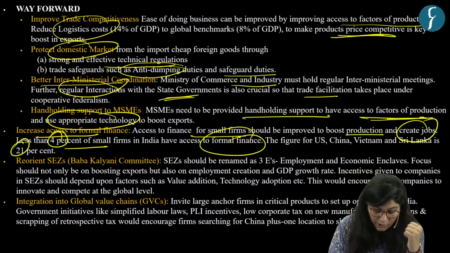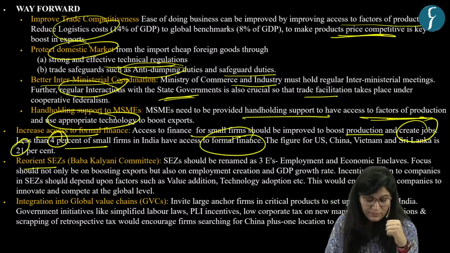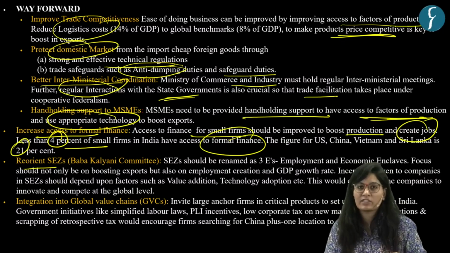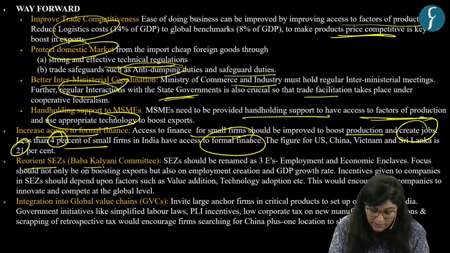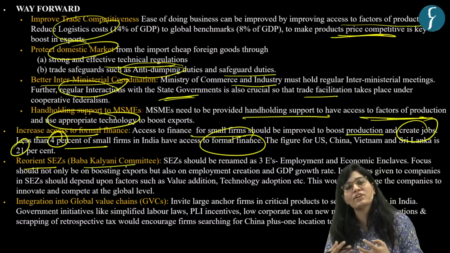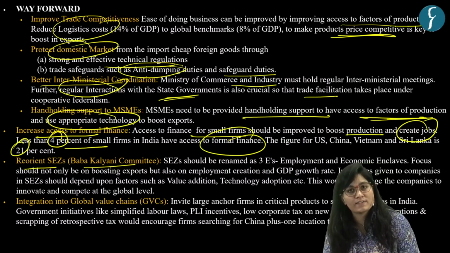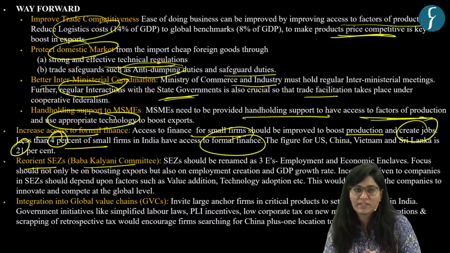Then we need to reorient special economic zones, and this suggestion is provided by the Baba Kalyani Committee, which you can even write down in your mains answer as a suggestion. You can quote this committee. You should try to quote facts, figures, data in your answer to fetch more marks or to improve the quality of the answer.